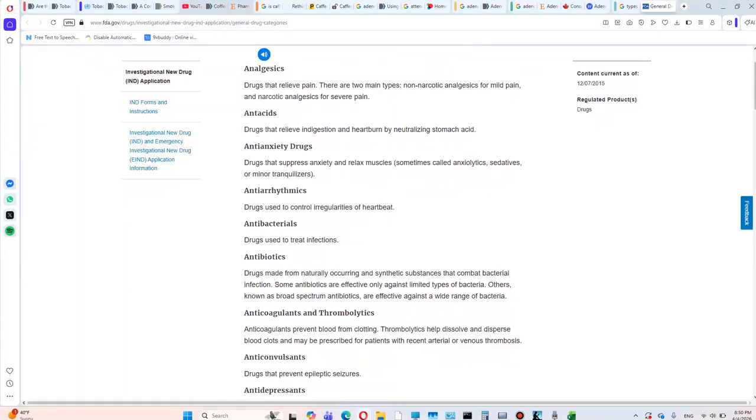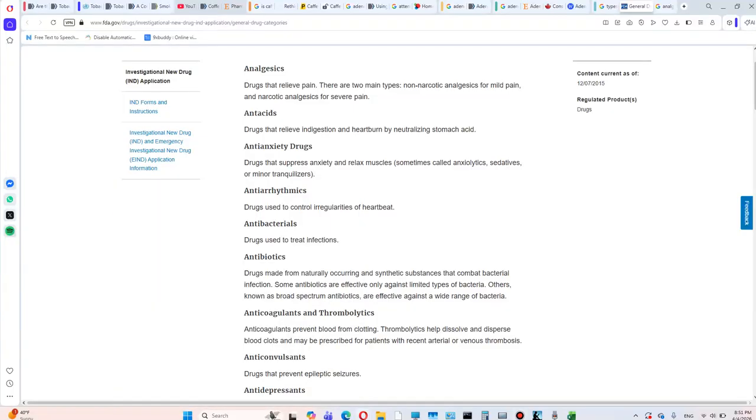Starting off with analgesics. Analgesics, drugs that relieve pain. There are two main types: non-narcotic analgesics for mild pain and narcotic analgesics for severe pain.